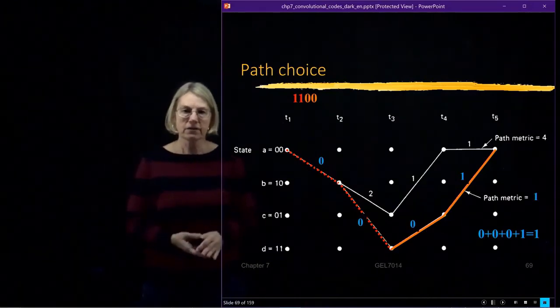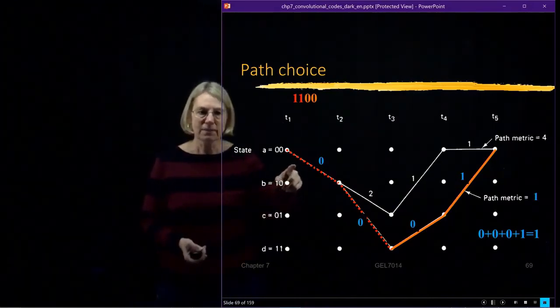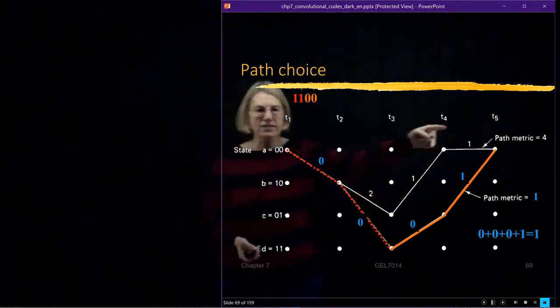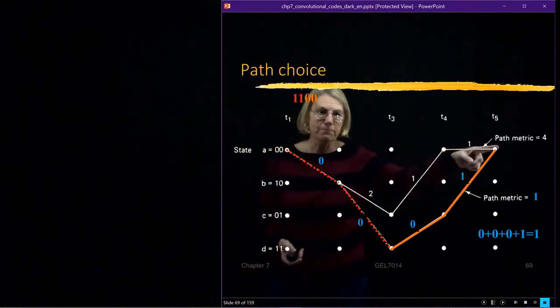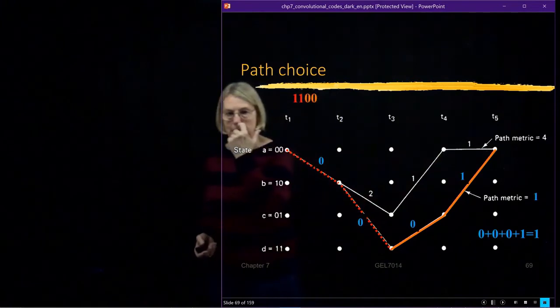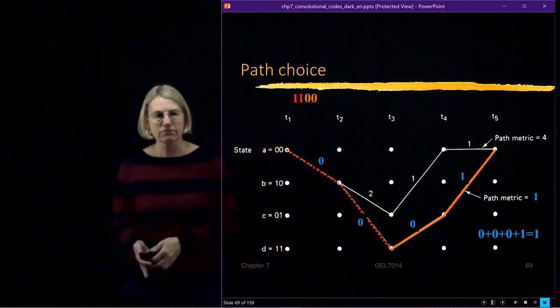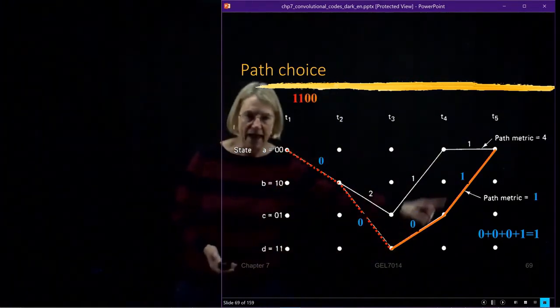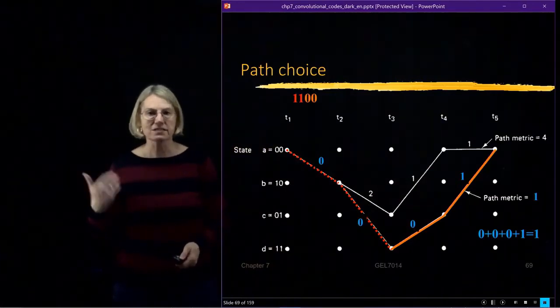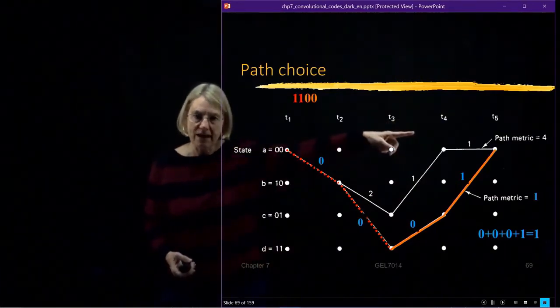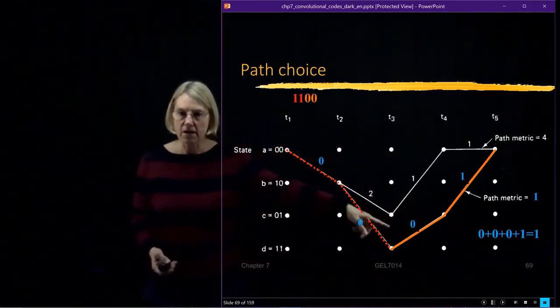I call this the upper path and the lower path. This one comes in from the upside. If I follow the upper path, I would have gotten a path metric of 4, and if I follow the other path, I would have a path metric of 1. So what does that mean in terms of Hamming distance? I could have had 4-bit errors, or I could have had 1-bit error.